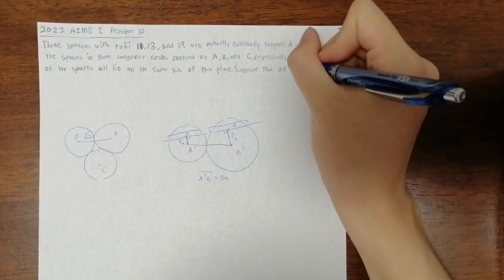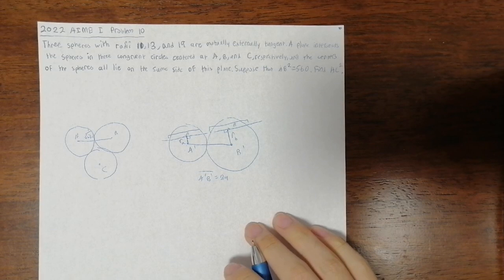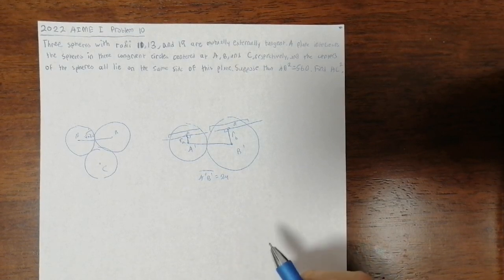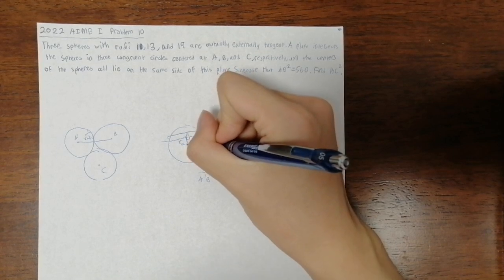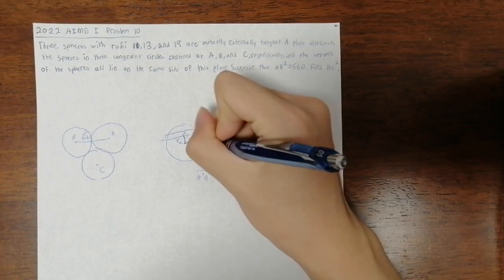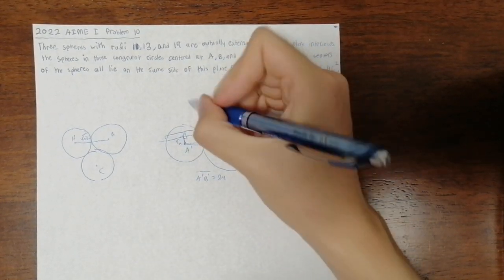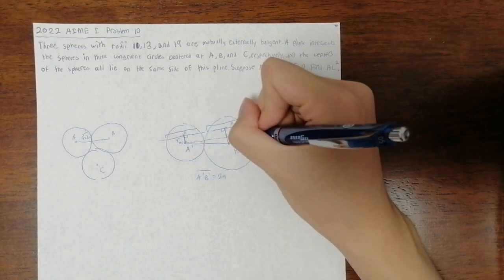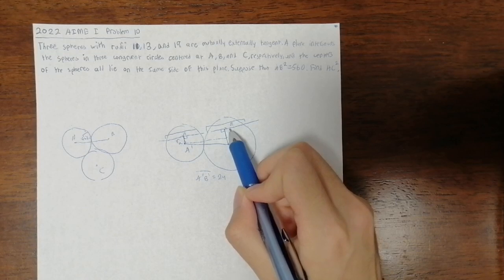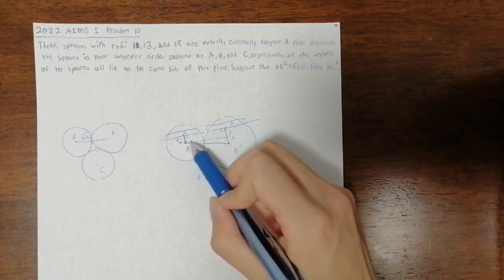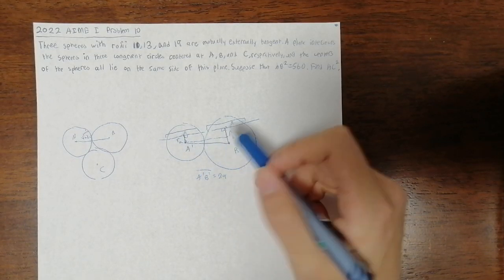Since this is squared, that implies that we might have to use the Pythagorean theorem somewhere, and that's exactly what we have to do. If we drop a perpendicular from here to here, we get that this length is equal to AB, because we've basically constructed a rectangle.